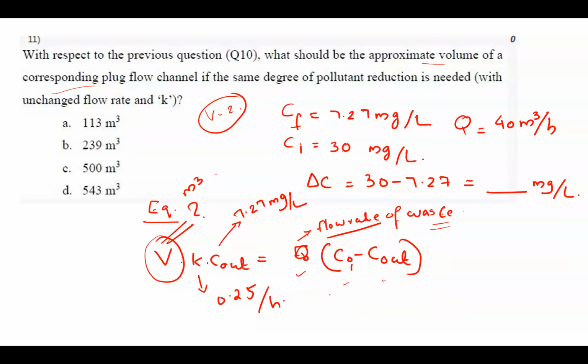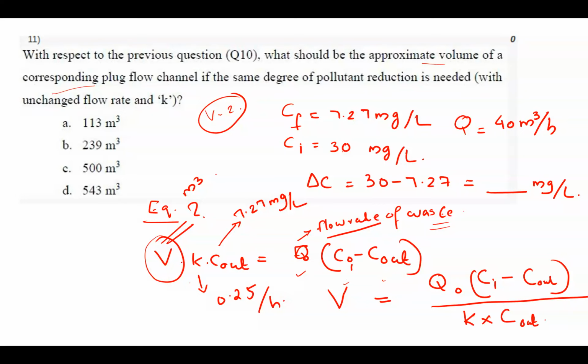You have to calculate the volume of the plug flow channel, which is equal to the flow rate Q into C initial minus C out, divided by K, the rate constant, into C out. From here you will get the volume of the reactor in the plug flow mode. So calculate this. What is the volume?